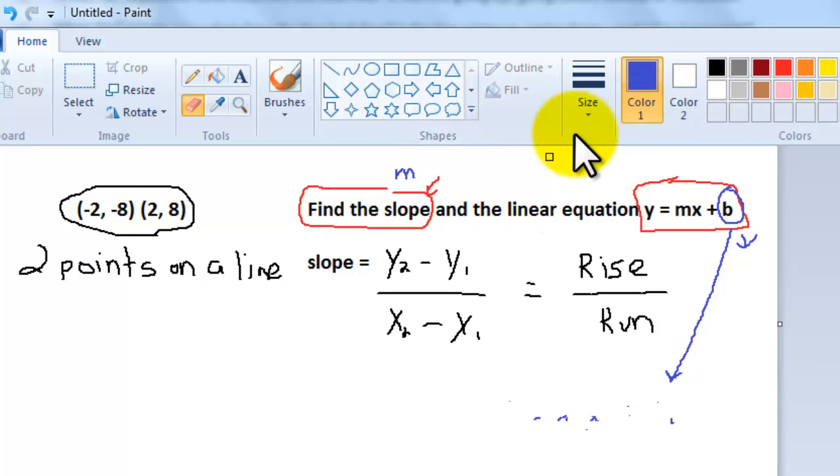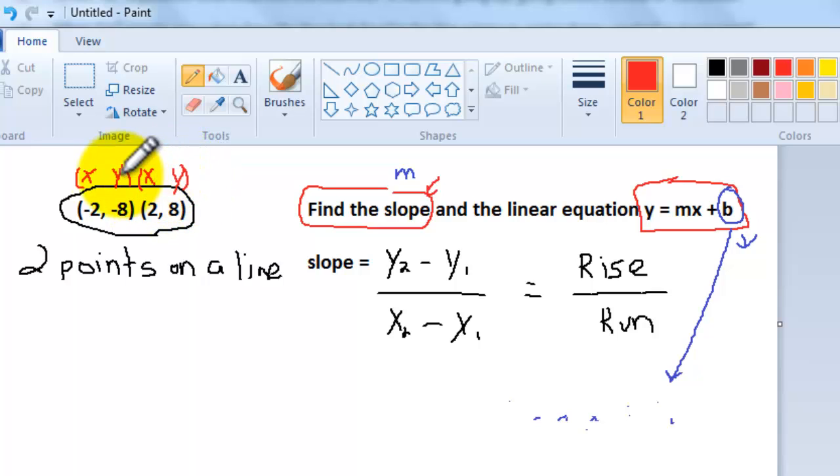Using the slope equation, which I'm guessing and assuming everyone has already run into, we can calculate slope using 2 points. So in this equation, y2 minus y1, this is an x-coordinate, this is a y-coordinate, this is an x-coordinate, and this is a y-coordinate.